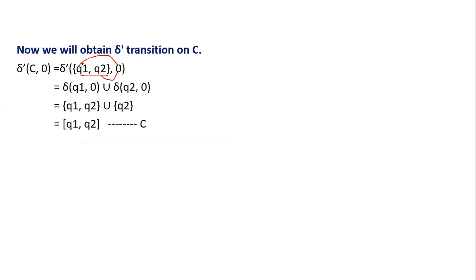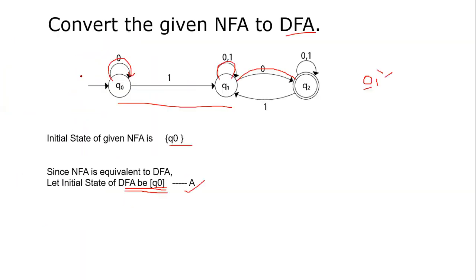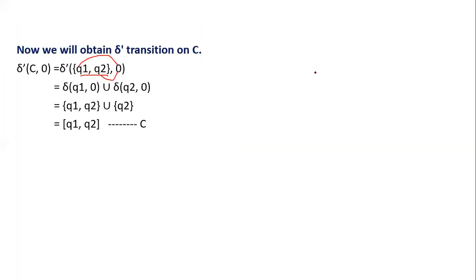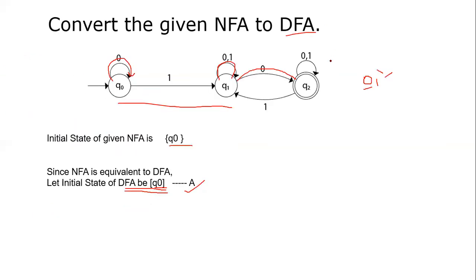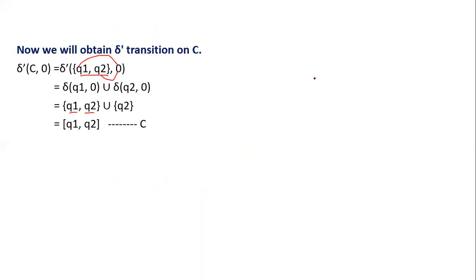Where Q1 comma 0 is moving, we check in the given diagram: Q1 moves to itself and to Q2, so Q1 and Q2, union Q2 comma 0, where Q2 moves to itself, that is Q2.